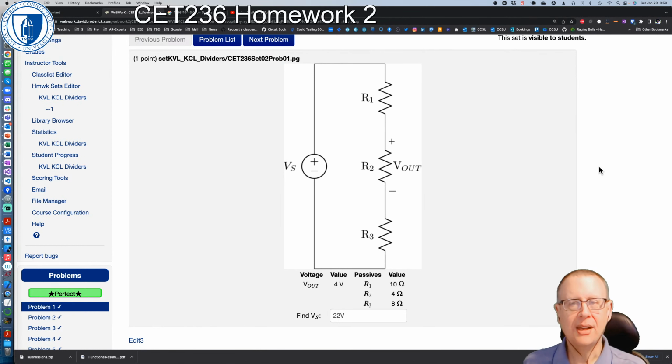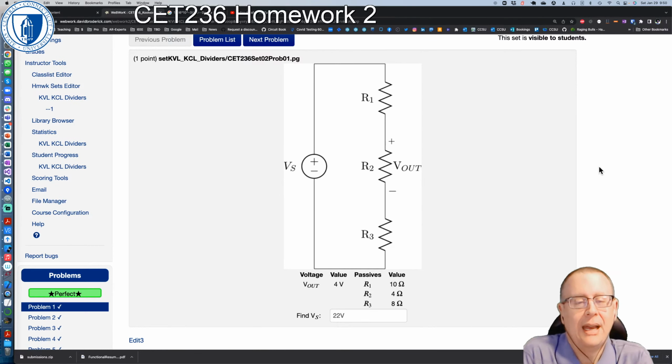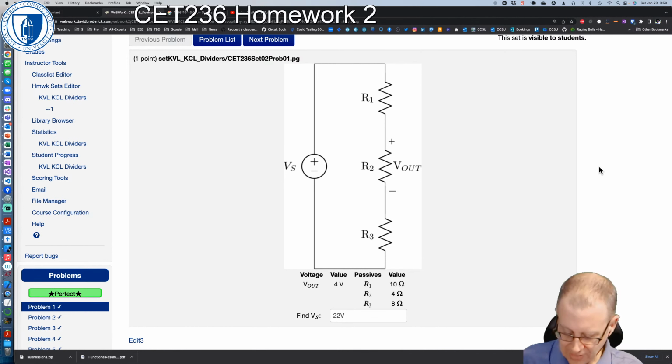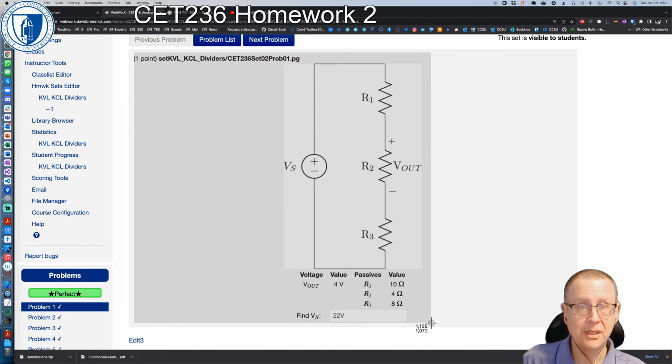And the question's asking, we're not given the voltage source, we're given the output voltage, the voltage across R2. And the question is, what is the supply voltage, Vs? So let's have a think about how that works.